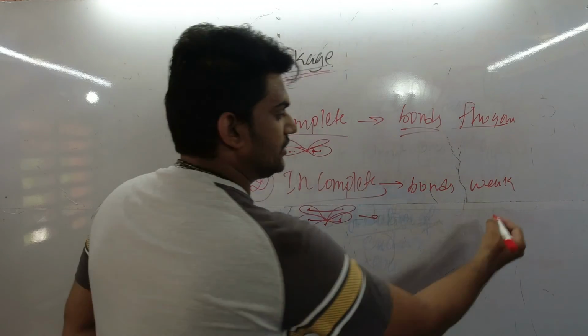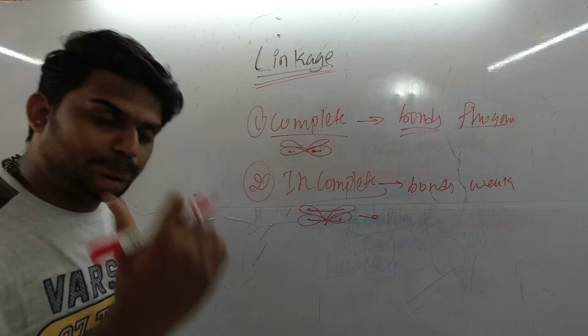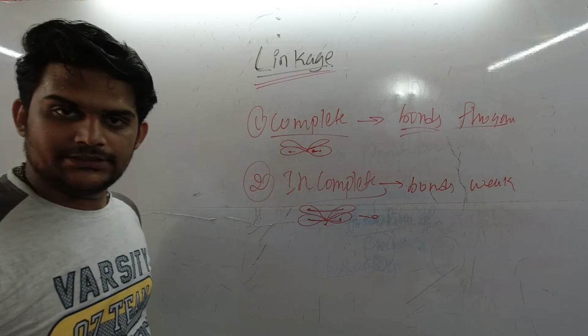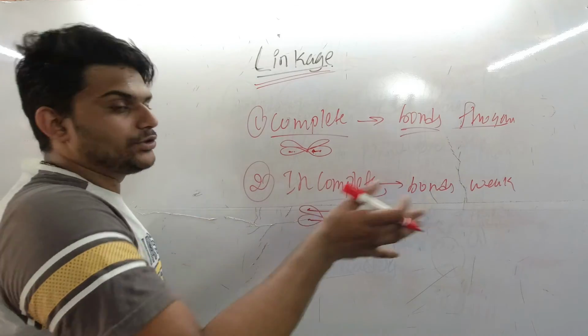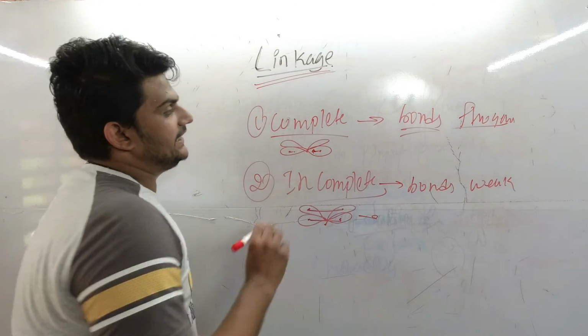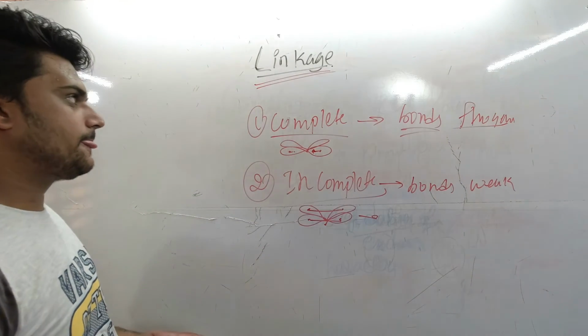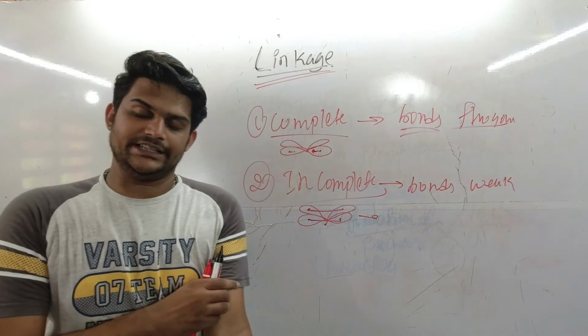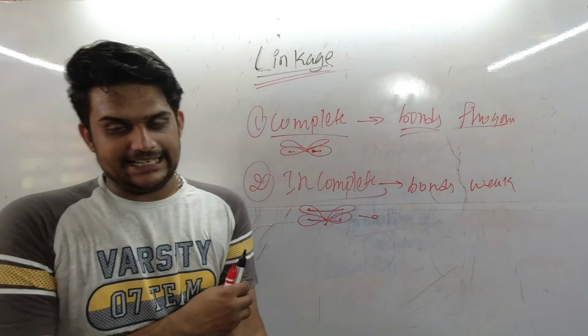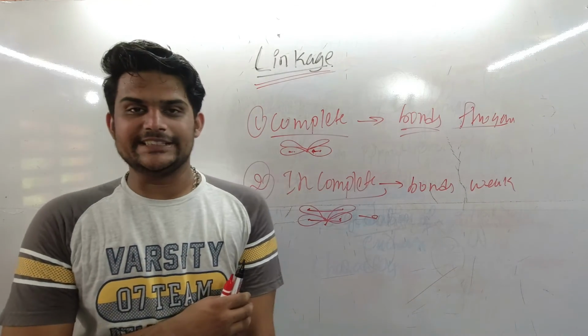Weak bonds will be there, which are going to break during the process of inheritance and they are going to get separated. That is what incomplete linkage means. So I hope you understood what crossing over and linkages are. These are 1-2 marks questions.